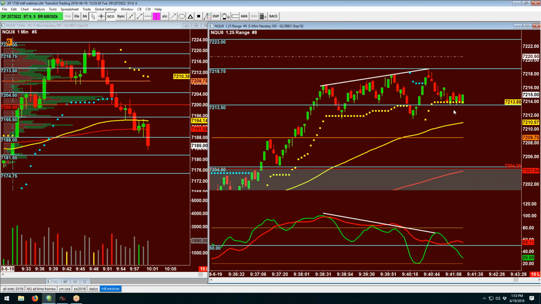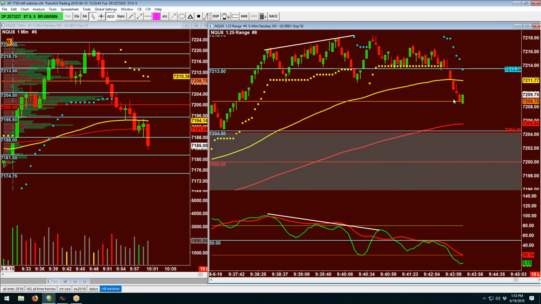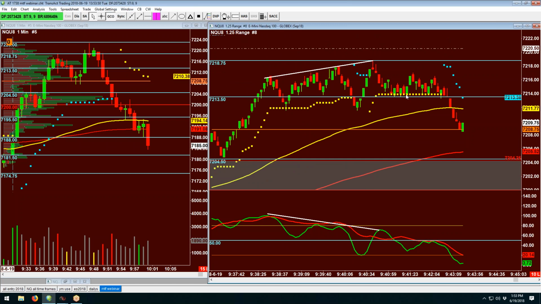And then if it breaks this area of support, then you can move your stop just above that area of support. So you can see it bouncing, bouncing, bouncing, and then it drops to the next area of support. Now, I'm not saying that you would have maintained staying in this trade when it broke down here. Not likely. I can say that I wouldn't have.